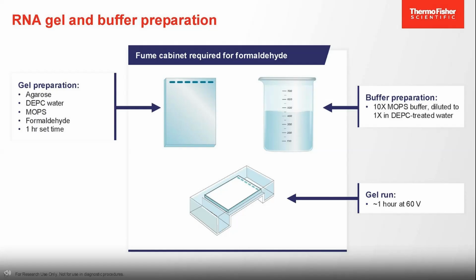For gel preparation, there are several different ways that you can prepare your gel, but as I'm familiar with this particular recipe, I chose the agarose, deep sea water, MOPS, and formaldehyde formulation. I didn't write down the specific quantities of each of the reagents that would be needed for this gel, because it all really depends on how big your gel is and how large your fragment is.